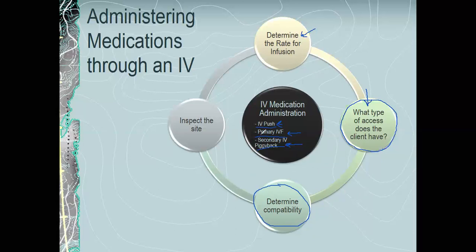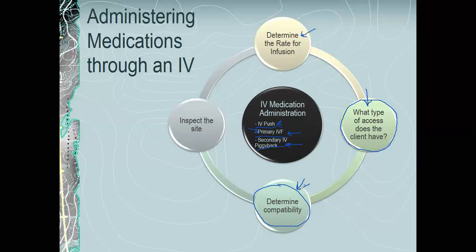Because remember, your primary fluid may not just be normal saline or D5W. It may be a heparin drip. Remember, primary means that it's continuous. So that may be a heparin drip. That may be a cardizem drip. That may be some other type of drip. So you're going to need to know, can I run these things together? Determining the compatibility is going to be very important.